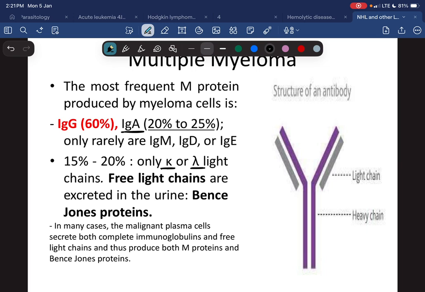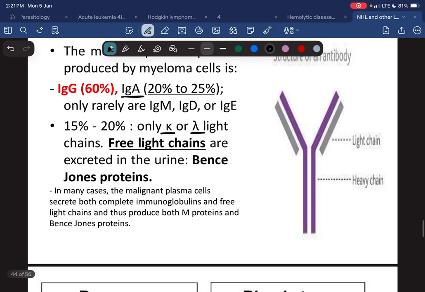So either the myeloma cells or plasma cells produce the full, complete immunoglobulin with heavy and light chains, or only light chain, kappa and lambda, free light chain, called what? These free light chains? Bence-Jones proteins. So Bence-Jones proteins are only light chains produced by the plasma cells.